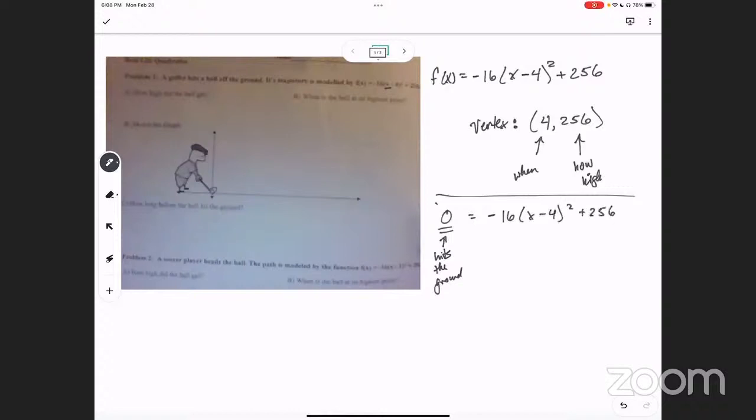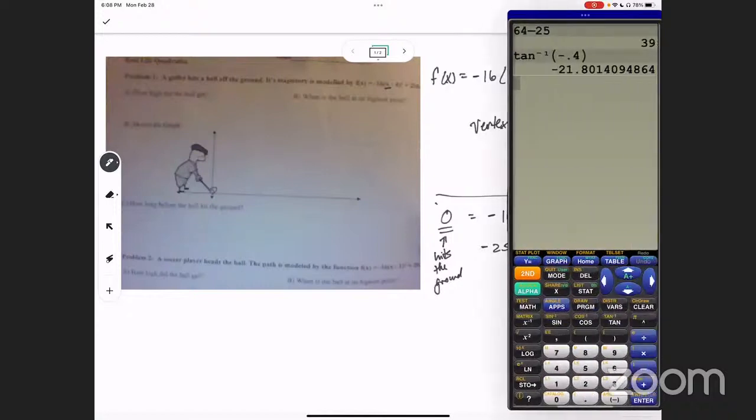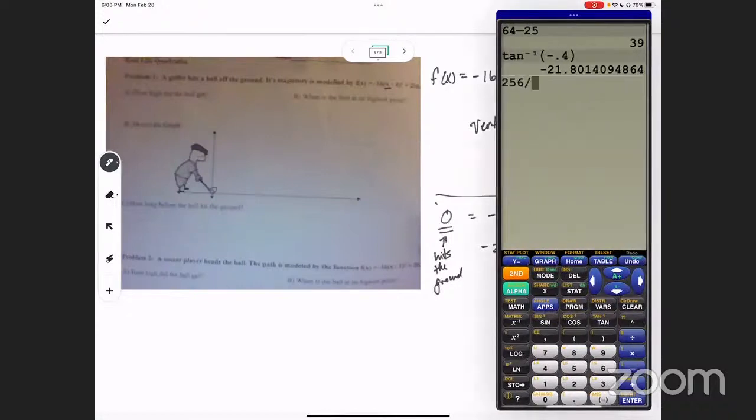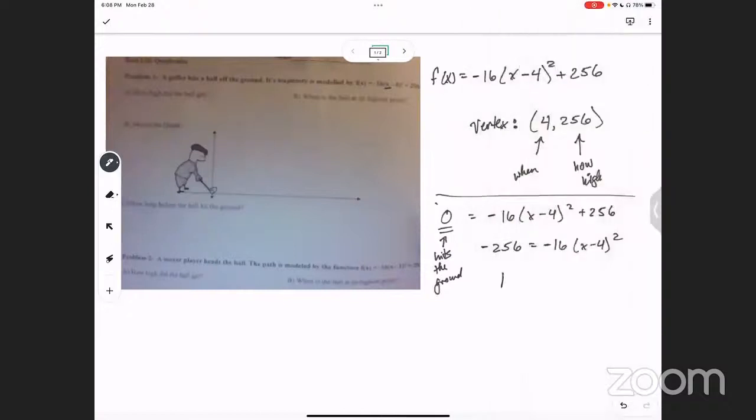So first, subtract 256 from both sides. Minus 256 equals negative 16 times (x minus 4) squared. Now divide both sides by negative 16. 256 divided by 16 is 16. That's what I thought. 16 equals (x minus 4) squared.